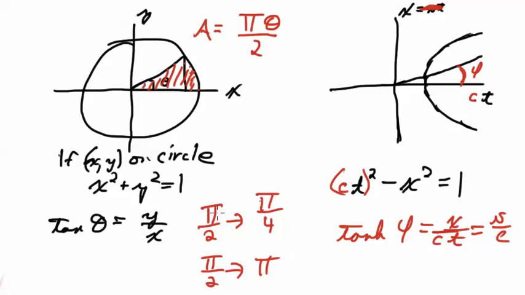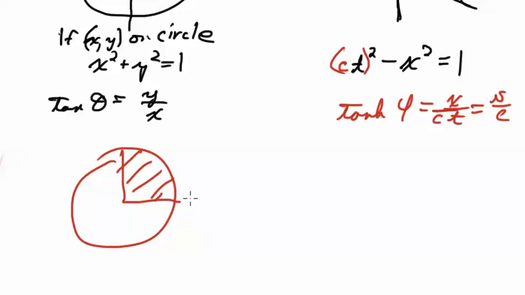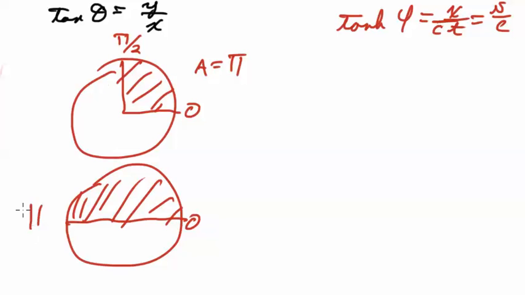Okay, thinking about it a little more, let me label the angle, let me draw a picture. I'm getting confused. If you go from 0 to pi, that area is pi. If you go halfway, from 0 to pi over 2, that area is pi over 2.